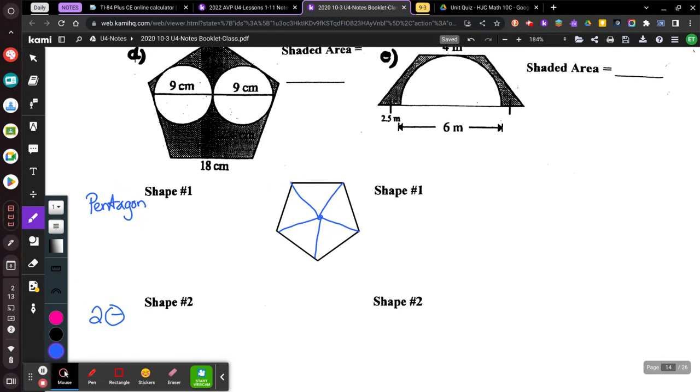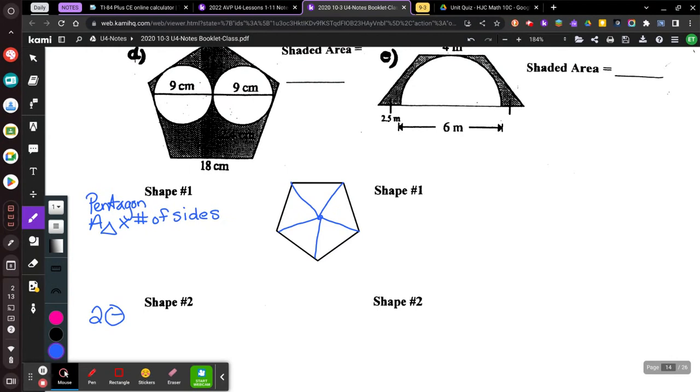So anything bigger than 4 sides, what you do is it's going to be area of a triangle times the number of sides. That's how you do regular polygons. So if it had 8 sides, like a stop sign, you'd do area of a triangle times 8.